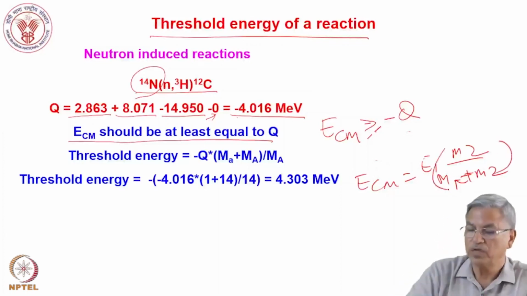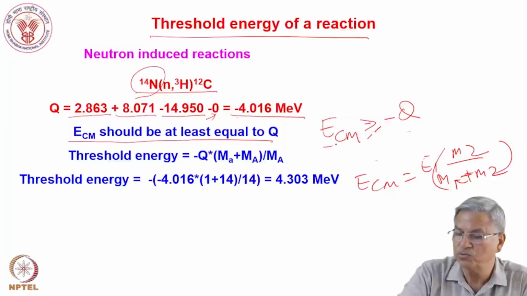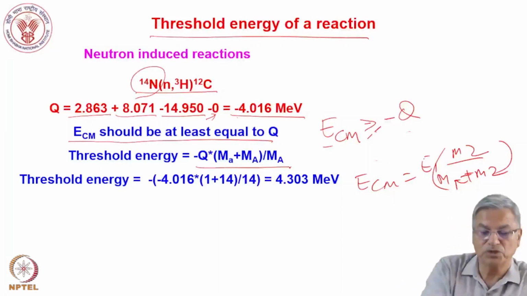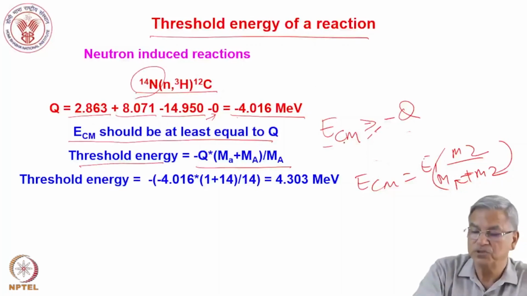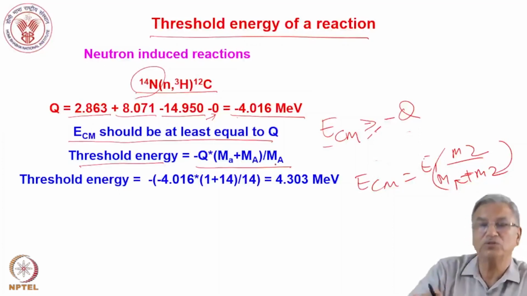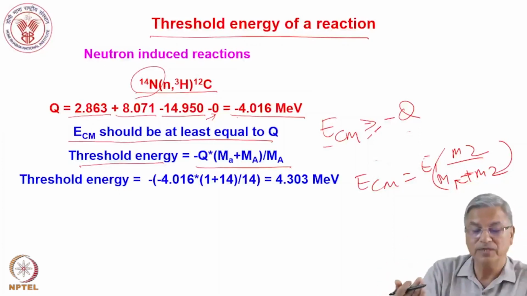And so you can write the threshold energy equal to minus Q into, you can write here Ma plus MA upon capital A. So the threshold energy will be, instead of ECM you write minus Q into Ma plus MA upon capital A. So this much additional energy you need to have in the threshold energy.